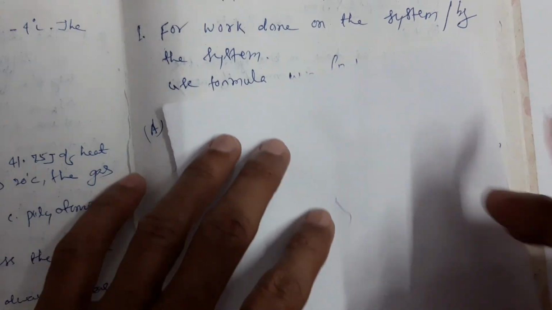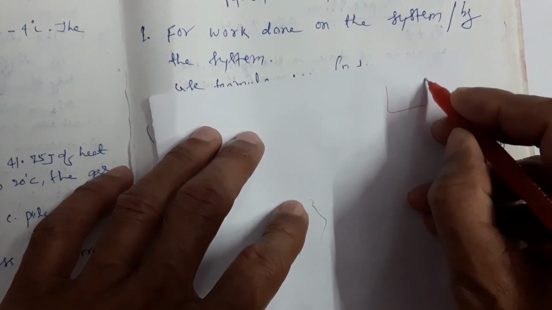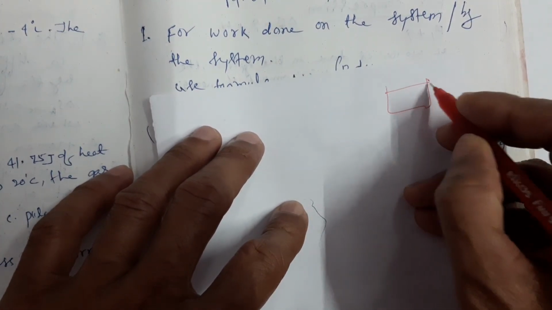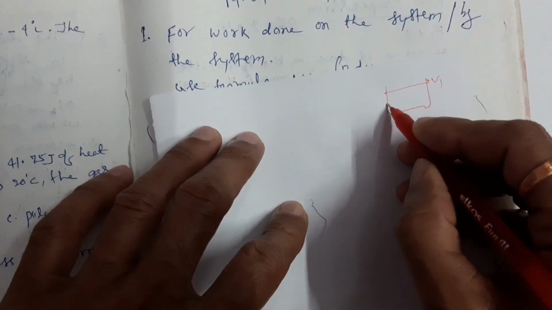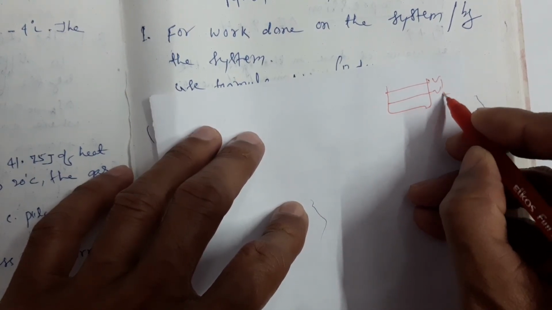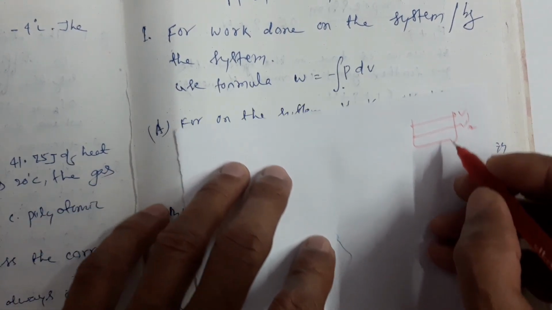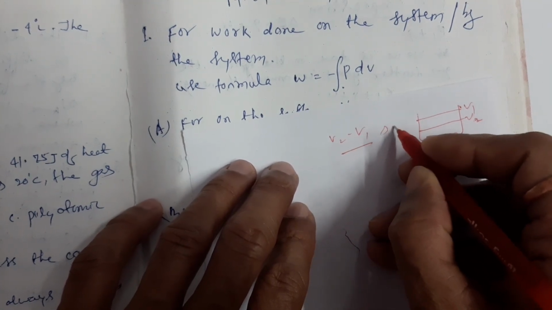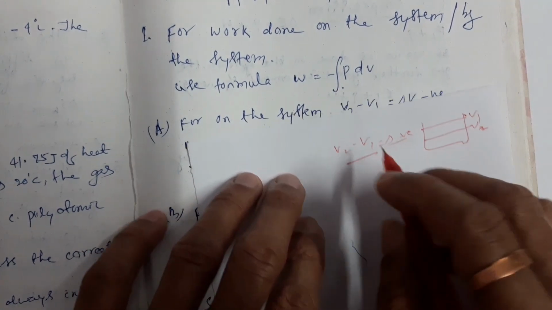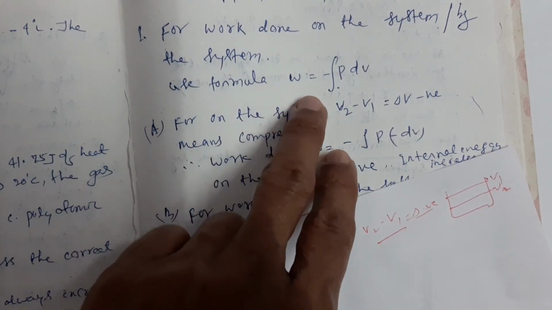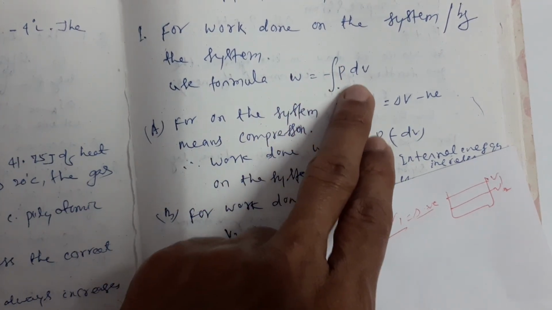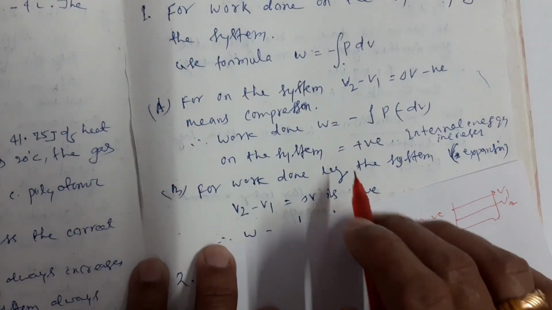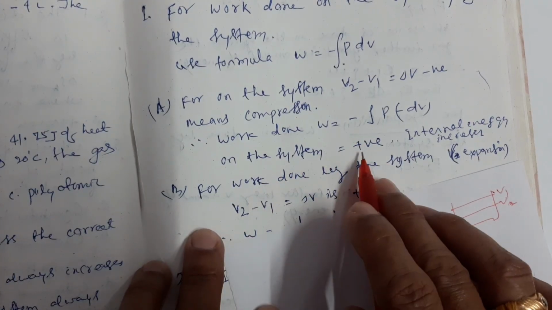This is the volume V1, and V2 volume is this one. Generally V2 minus V1, your delta V, is negative. But with the formula W is equal to minus integration PdV, negative of negative is positive.